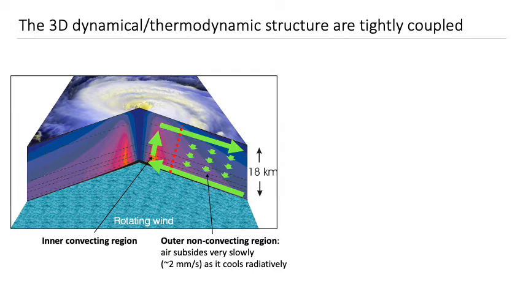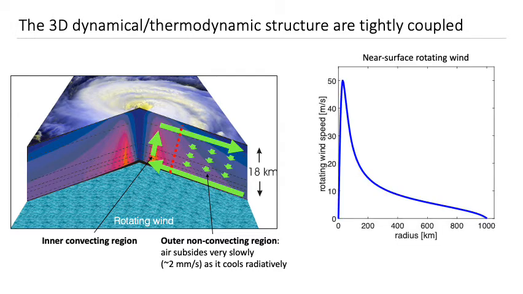So you might think of separating this into two different regions. What I'd like to do is put this in the context of the near-surface rotating wind. The y-axis here is not altitude, it's the rotating wind speed. This is a characteristic wind profile near the surface in a hurricane, with radius on the x-axis.